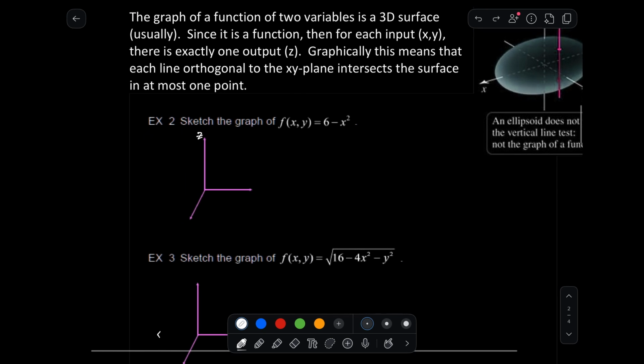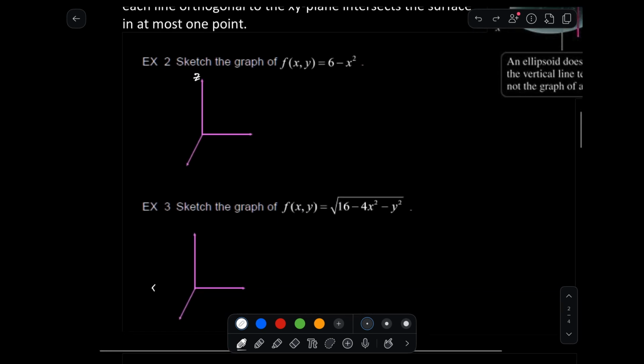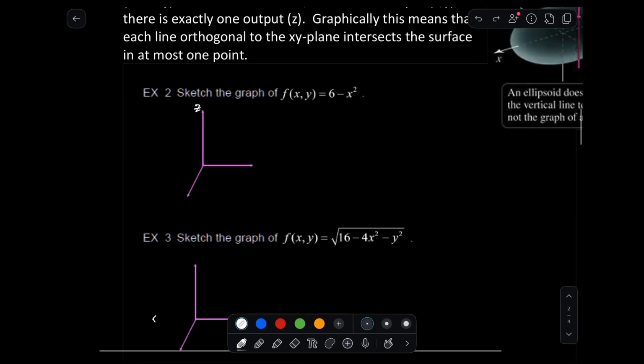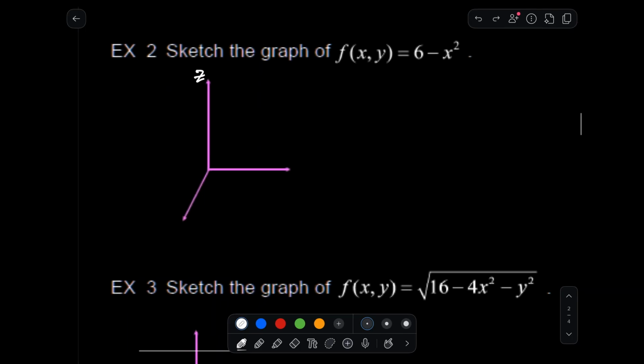Yeah. Example number 2 and 3, going back to sketching. What we did from section 12.1, talking about cylinders, is going to be the same idea. So we'll just jump right into it. I'm going to always call this x, y, and z. Actually, I'll label these blue because it's easier for me to understand, and then I'm going to label the graphs in red.